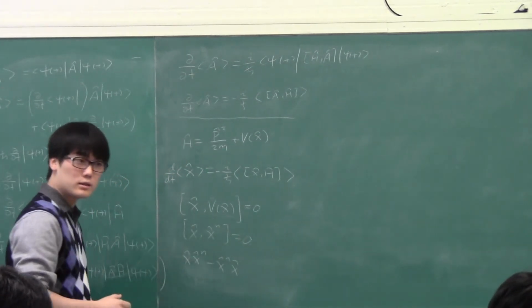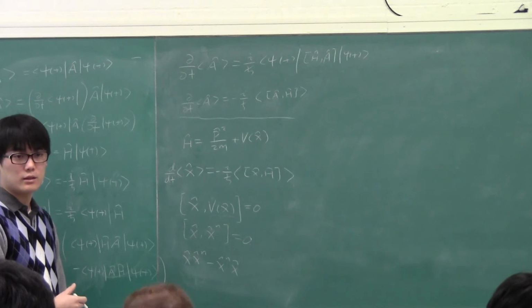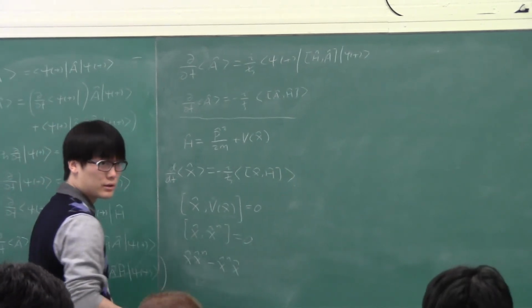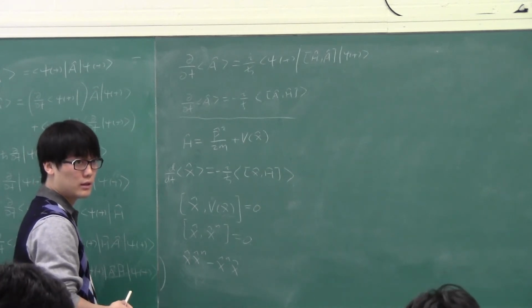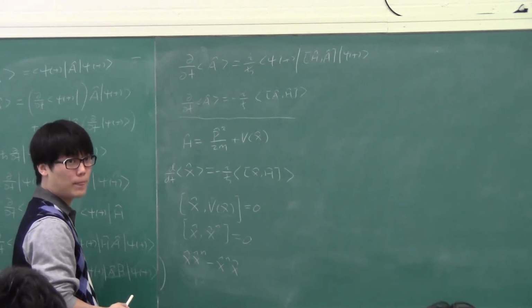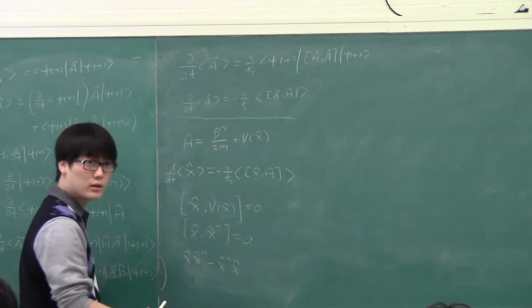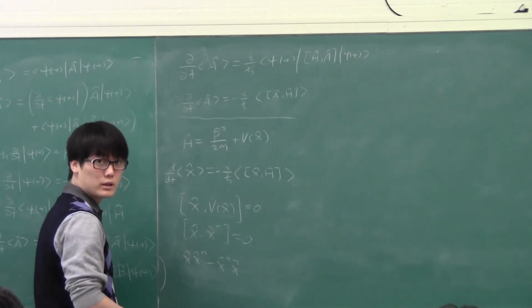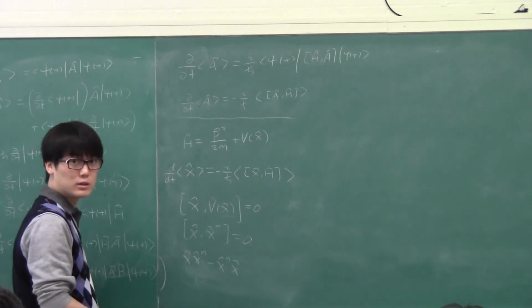Now for some nice function that has a Taylor expansion, I can always Taylor expand that function with respect to 0. Then I will get a power series, right? In terms of the different powers of x. Since x will commute with each power, it must be that x will commute with the entire function.